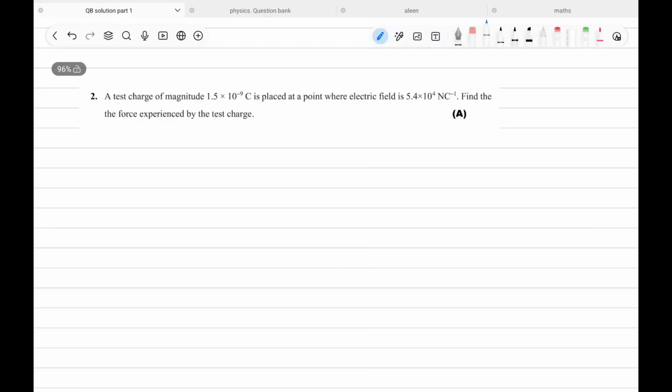For this, we can use this formula: F is equal to Q into E, isn't it? Now F is equal to, what is the charge? Charge is 1.5 into 10 to the power of minus 19 coulomb, and the electric field at this place is 5.4 into 10 to the power of 4 Newton per coulomb.